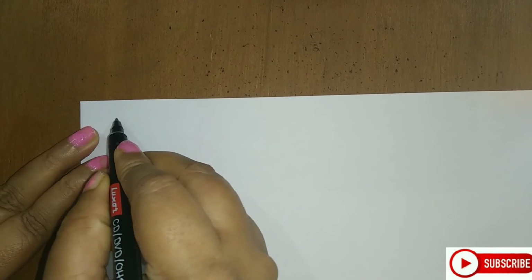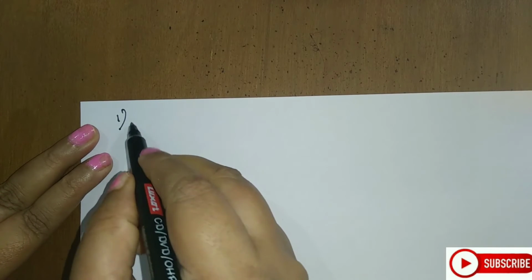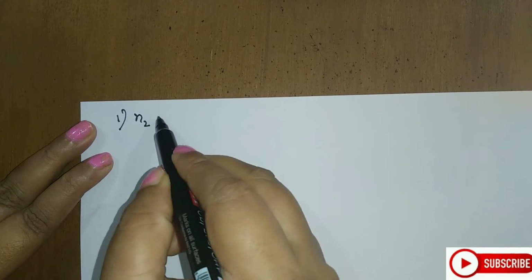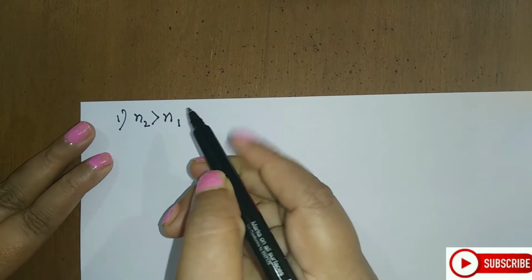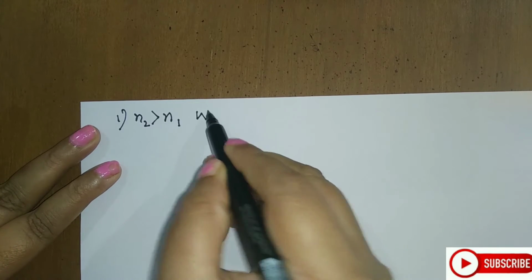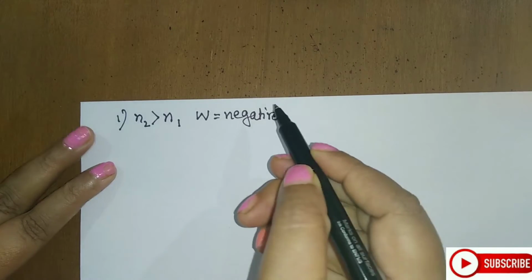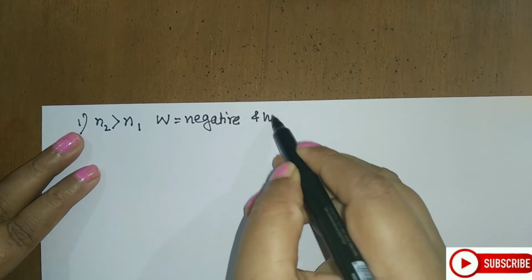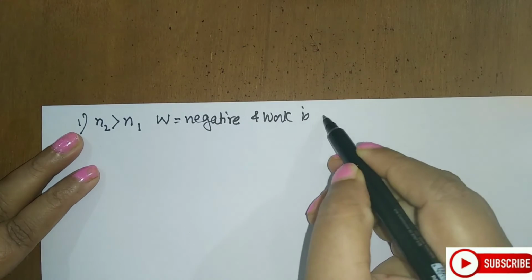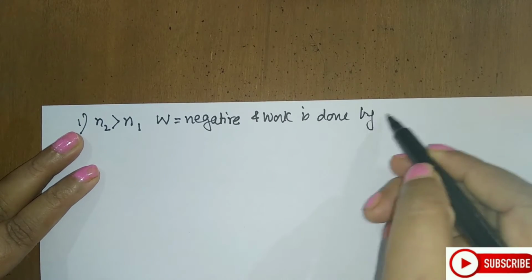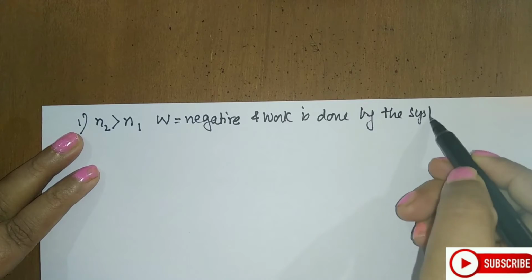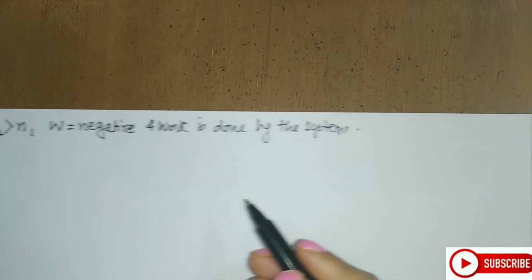The first is, if your N2 is greater than N1, then W will be negative and work is done by the system on the surrounding. Now, how to correlate this, student?